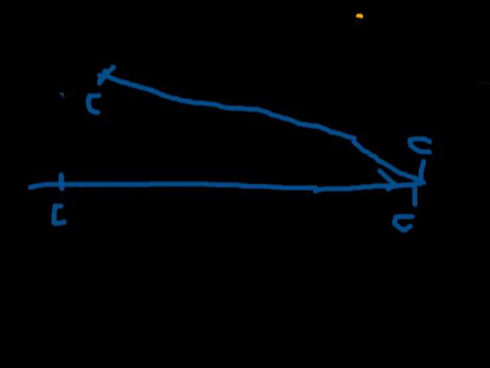And if at this point this wave has a trough and this wave has a trough, they also constructively interfere, despite their path length difference.